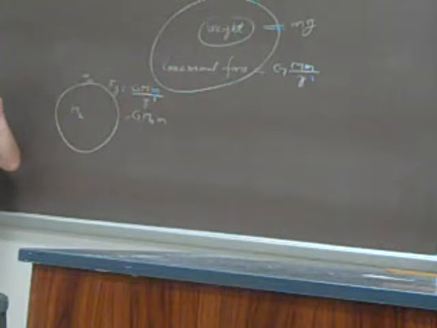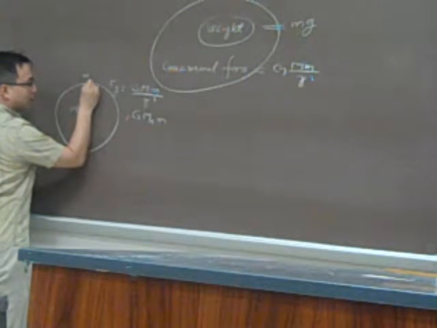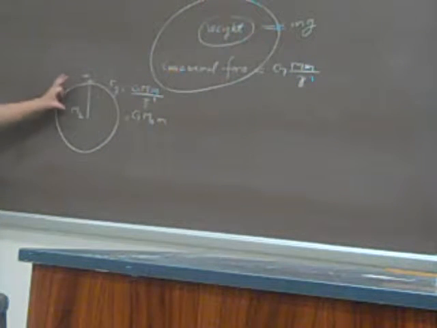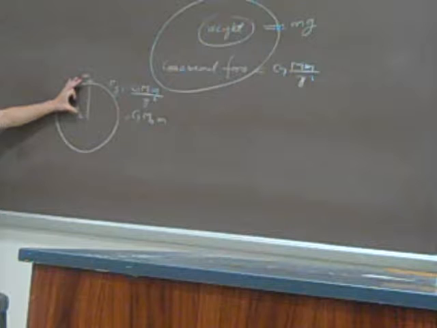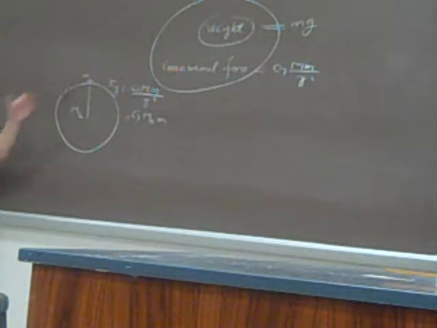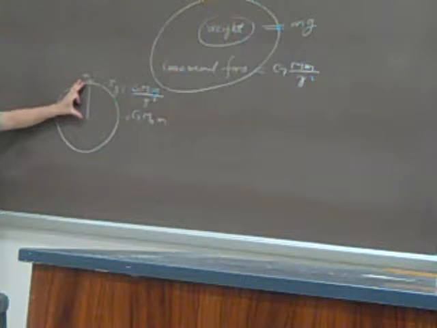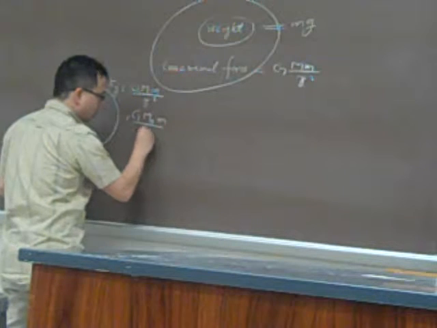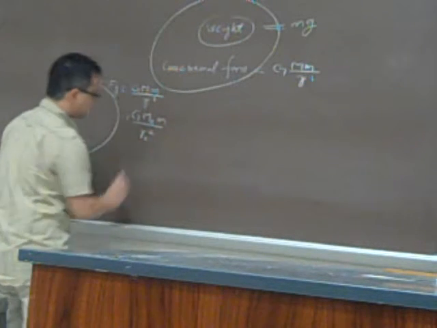Now, the distance between the two objects should be the distance from the body center to the Earth's center. It's approximately the radius of the Earth, right? Because the distance from your body center to the ground is really small compared with the radius of the Earth, you can think of it as nothing. So this R is actually the radius of the Earth.